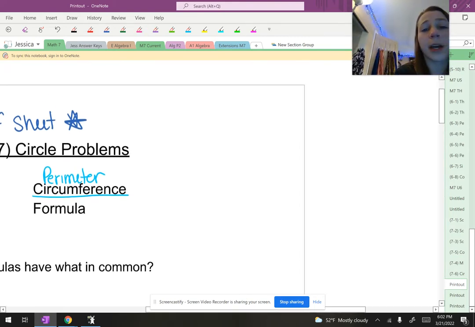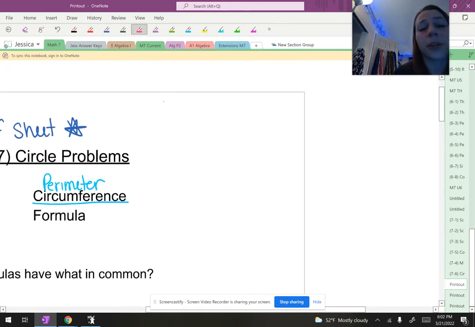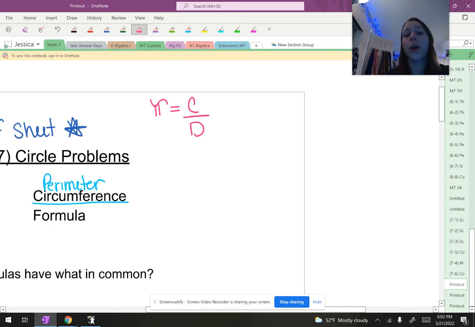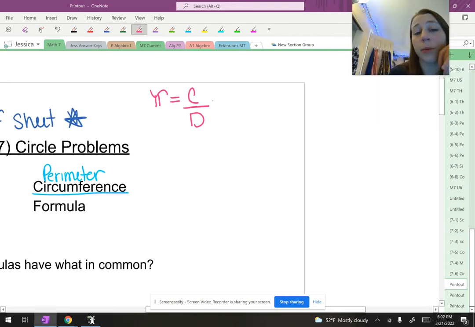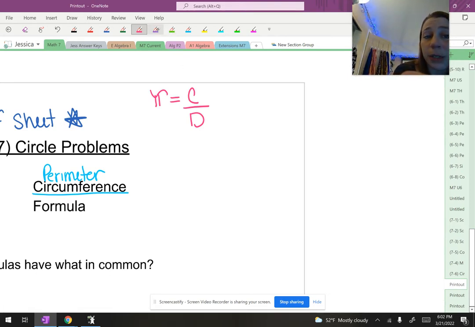So if we go back here, and this is just a little sidebar in the corner, we have pi is equal to the circumference divided by the diameter. We're going to use this to make a formula for circumference, right? We want to solve this equation for circumference. Well, if you notice, what is preventing circumference from being by itself is the diameter.